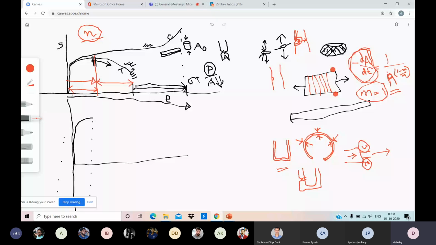But if you can make m equal to 1 or high, then that aspect also decreases. So a high m value is also favorable. If you have read superplasticity, the superplastic materials show high m value, high n, high m. So both these factors are beneficial.